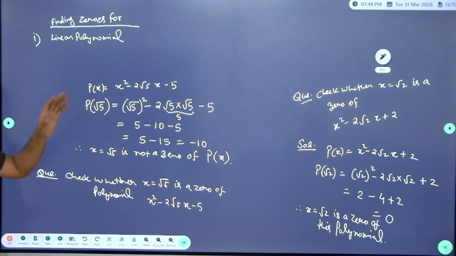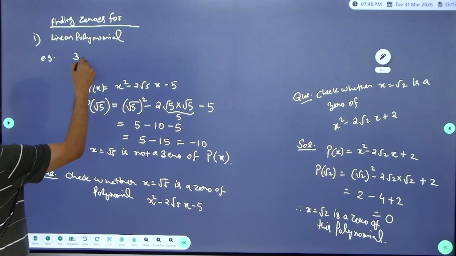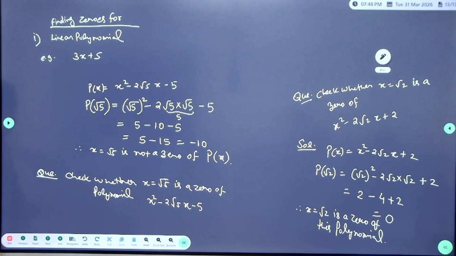Now the process will be reverse. In this case, we have to find the zero. Zeros are the points where the polynomial becomes equal to 0. So what we do, we equate the polynomial equal to 0. Then we solve that. So for a linear polynomial example, let's say 3x plus 5. We have to find the zero of this polynomial.